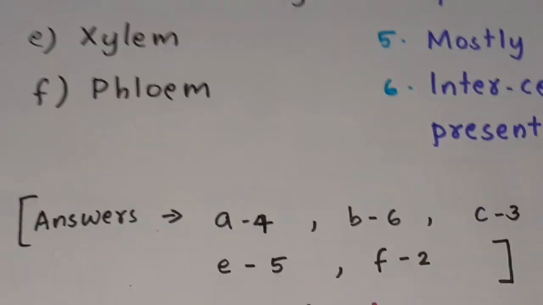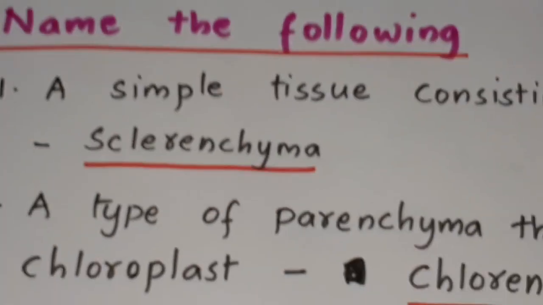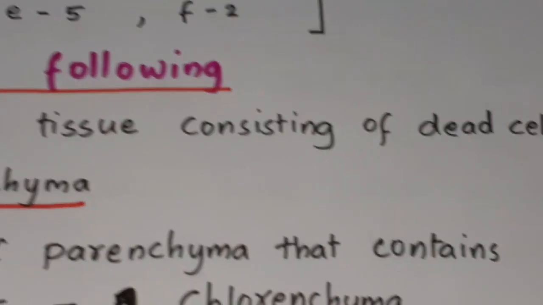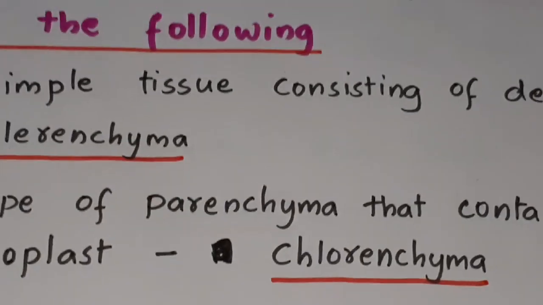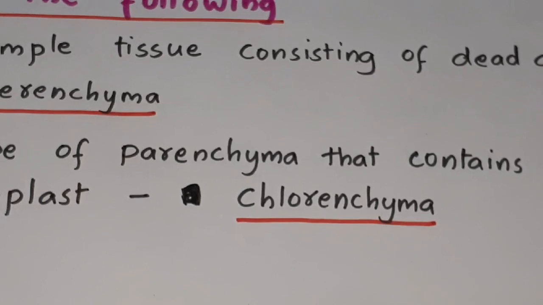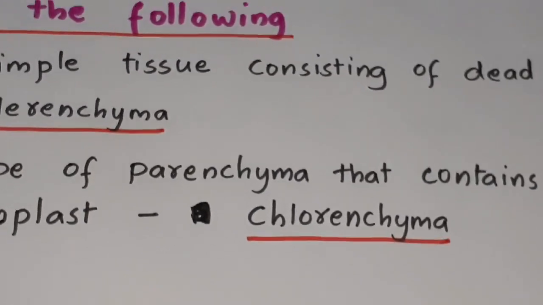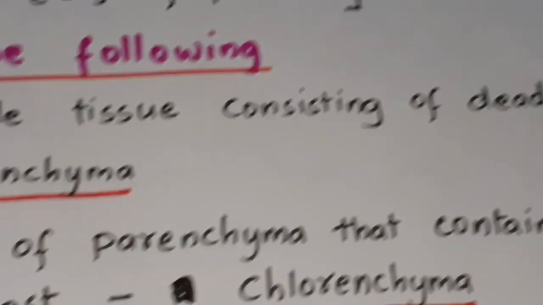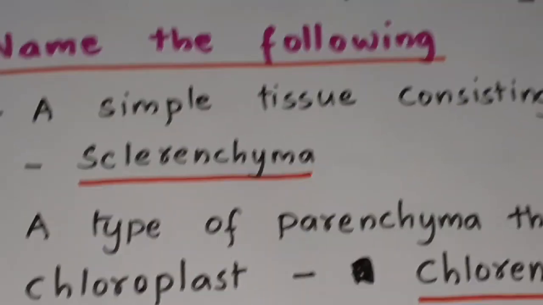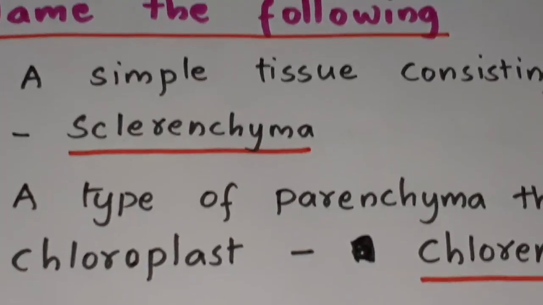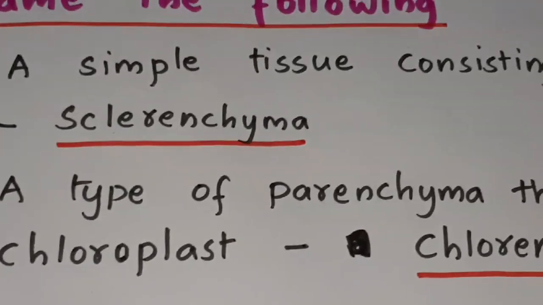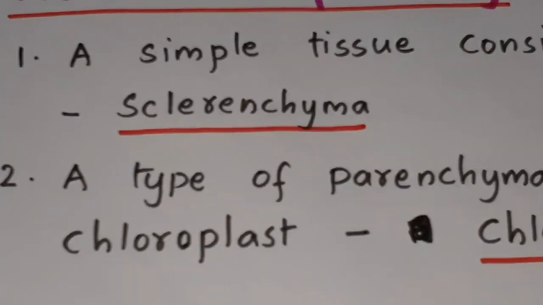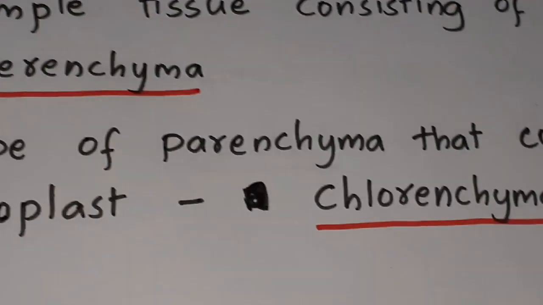Now we'll see some, name the following. First one, a simple tissue consisting of dead cells. Sclerenchyma comes under the simple permanent tissue, so the simple tissue consisting of dead cells is called sclerenchyma. Second, the type of parenchyma that contains chloroplast.